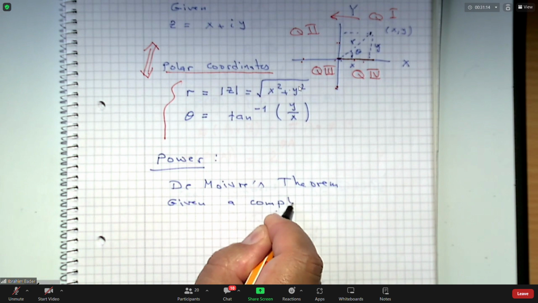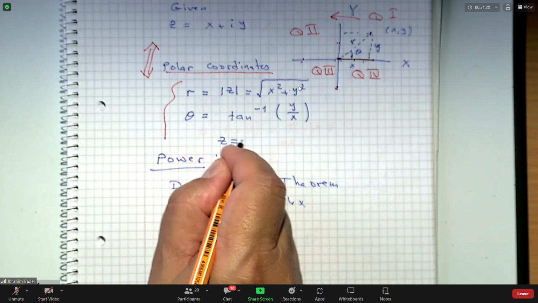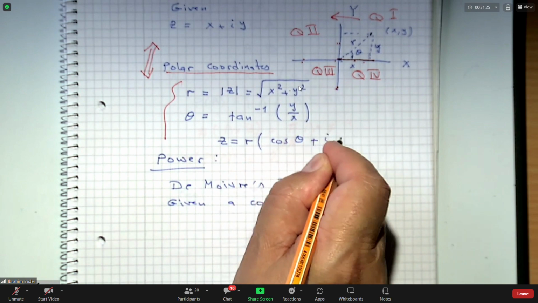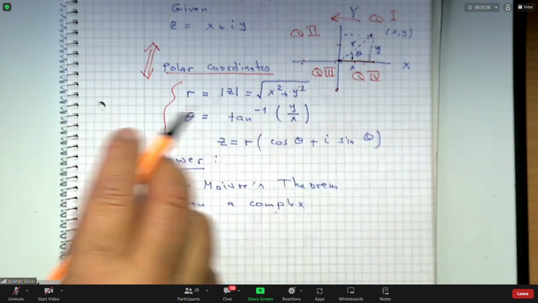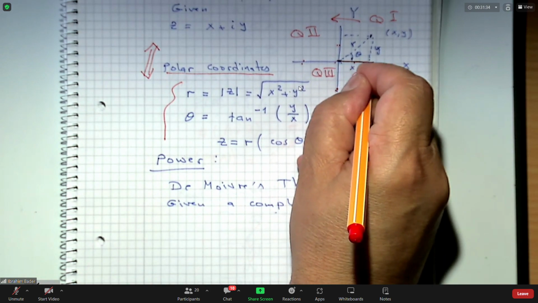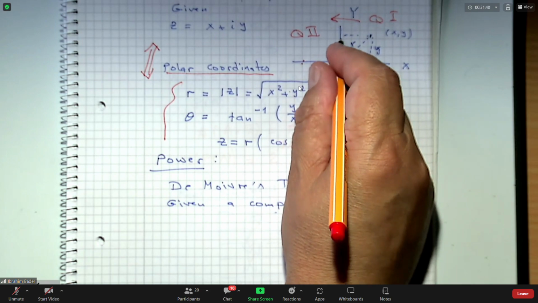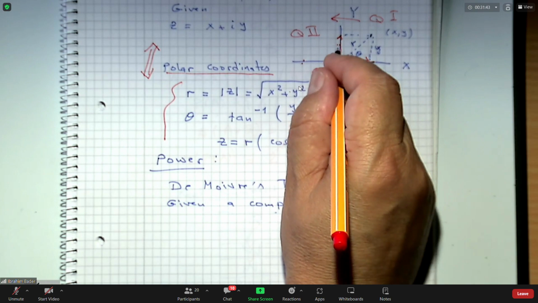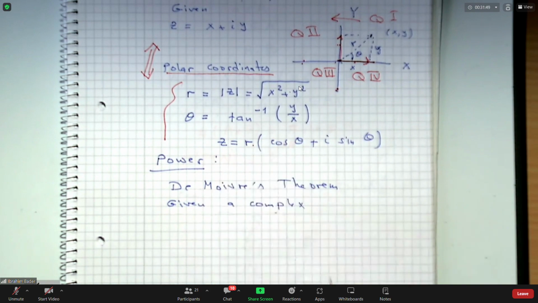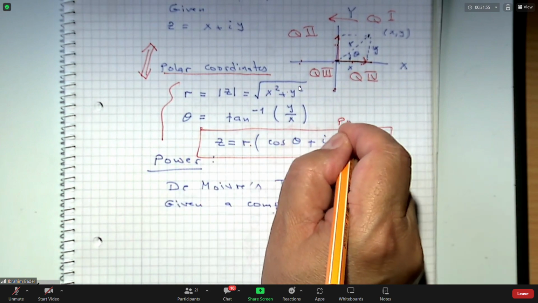Very important here: if you have the polar coordinates and you want to write z, you just write it as r times cosine theta plus i sine theta, because here, as you may know from physics, this x component is r cosine theta, and this is r sine theta, and the expansion depends on r, so that's why we multiply with r. So this is, if you like, the polar form of a complex number.